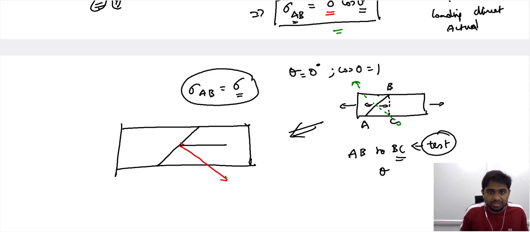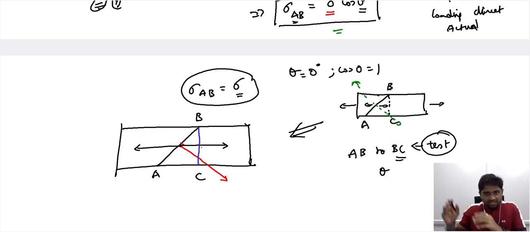In order to express the stress along the inclined region AB, we have considered this BC. The dark black line indicates the loading direction. BC represents the normalcy, and AB represents the region of our interest.